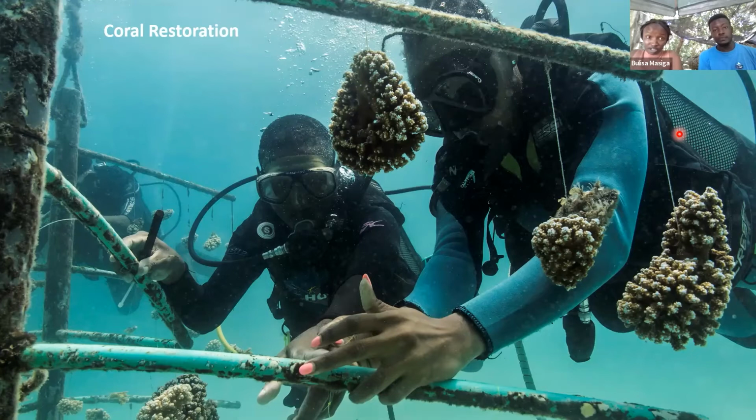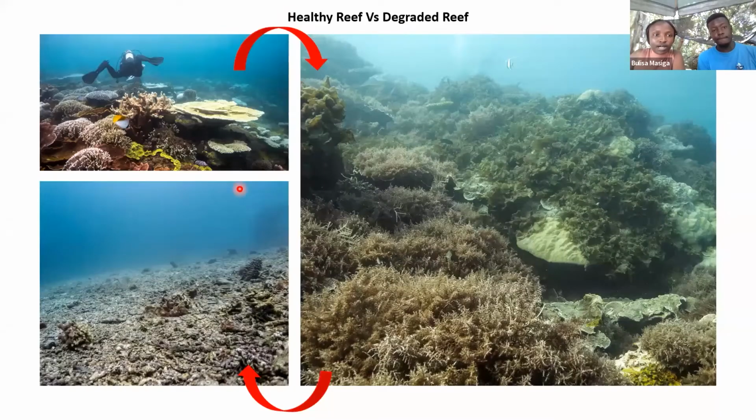So coral restoration is basically trying to assist the recovery of an ecosystem that has been destroyed or damaged. So we look at the next slide that's showing a healthy reef and a degraded reef. As Bulisa already said, in the previous years our area was used by fishermen for dynamite fishing and blast fishing.